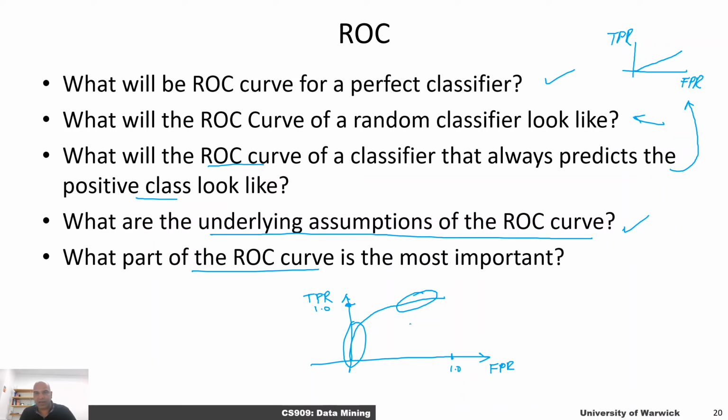A hint for that is that it relates to the class imbalance ratio. If the number of positive examples is much smaller than the number of negative examples, then this initial rise of the classifier, that means the value of the true positive rate at very small values of false positive rate, is going to be much more important.